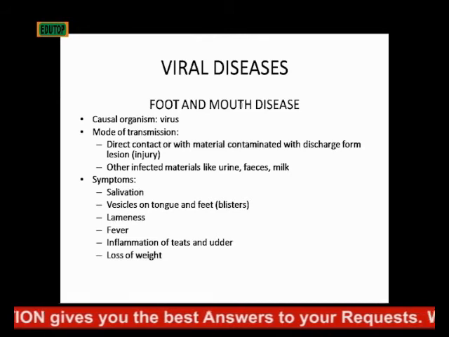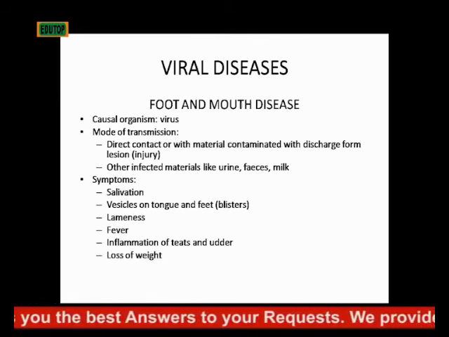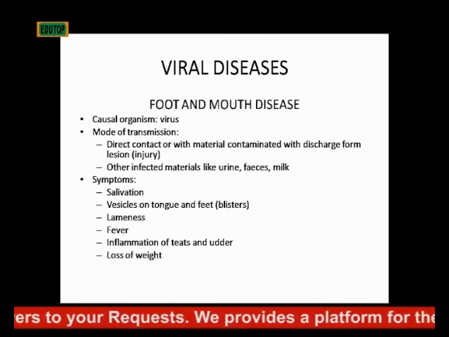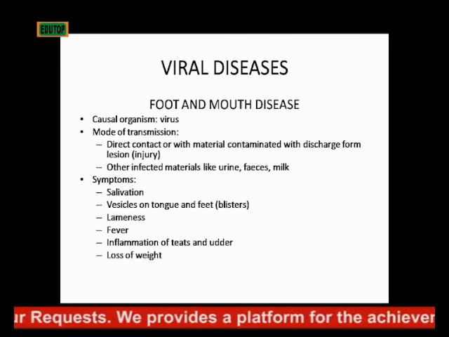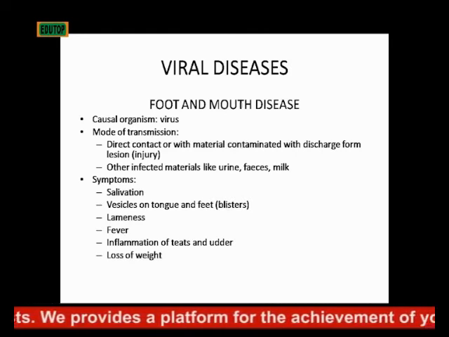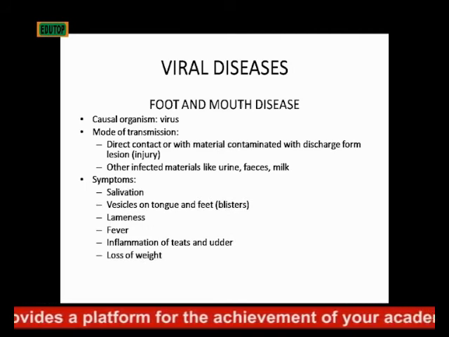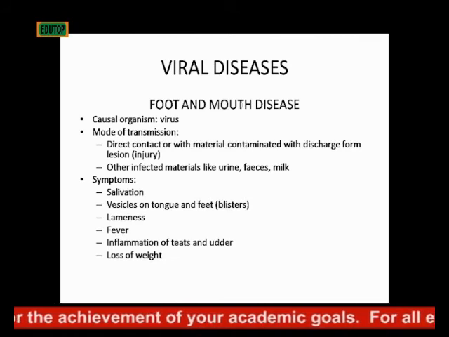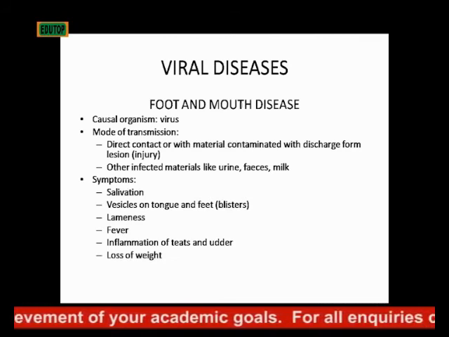The causal organism of foot and mouth disease is a virus, and the mode of transmission is by direct contact. That means it is contagious by direct contact with contaminated material or discharge from lesions.